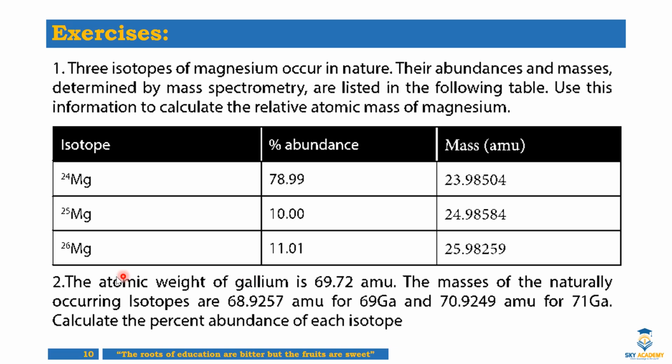And also, you have another question here. You have the atomic weight of gallium. The masses of the naturally occurring isotopes are this one for 69 gallium, and 70.9 for 71 gallium. Then you calculate the percentage abundance. So this question can help you to understand it clearly.